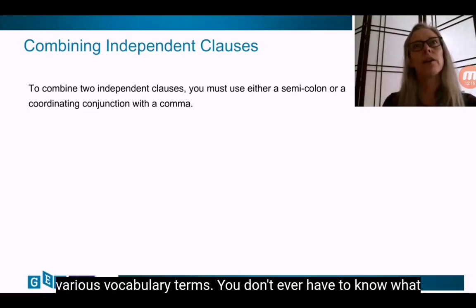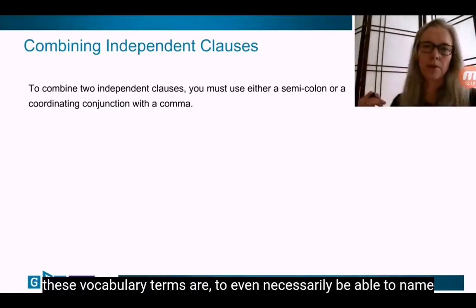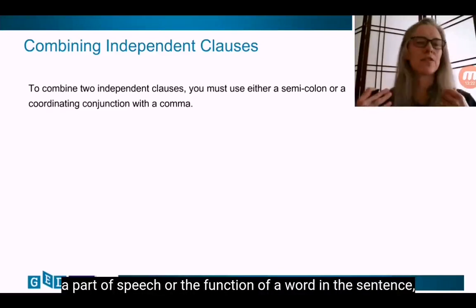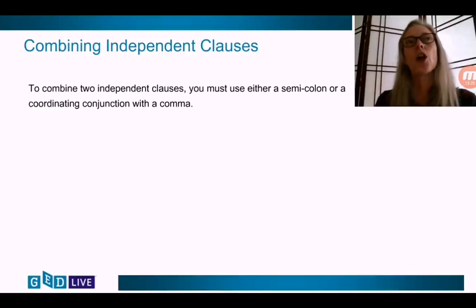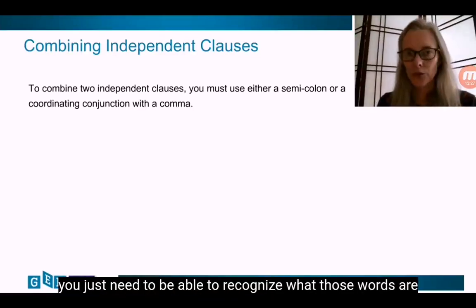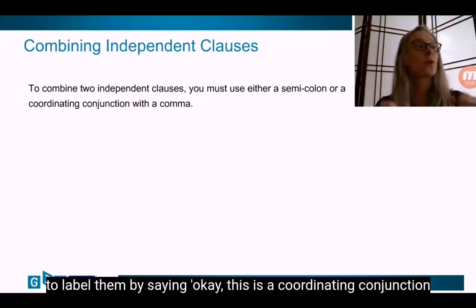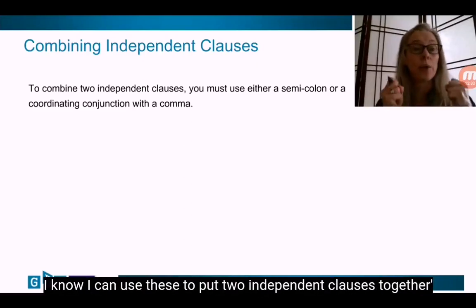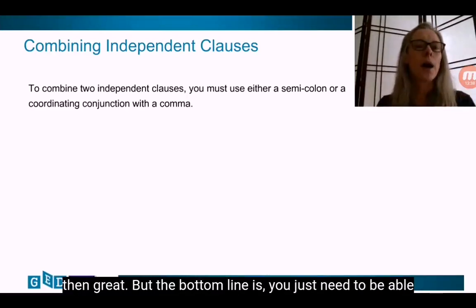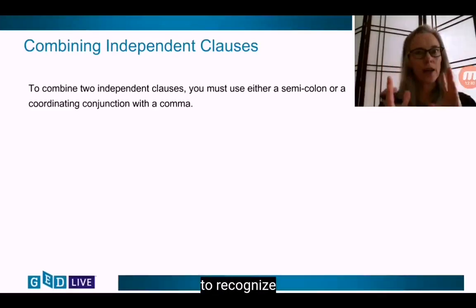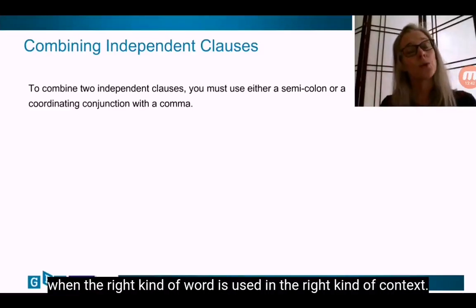You don't ever have to know what these vocabulary terms are to be able to name a part of speech or the function of a word in the sentence. You just need to be able to recognize what those words are doing. That's what's important. And if it helps you to label them by saying, okay, this is a coordinating conjunction, I know I can use these to put two independent clauses together, then great. But the bottom line is you just need to be able to recognize when the right kind of word is used in the right kind of context.